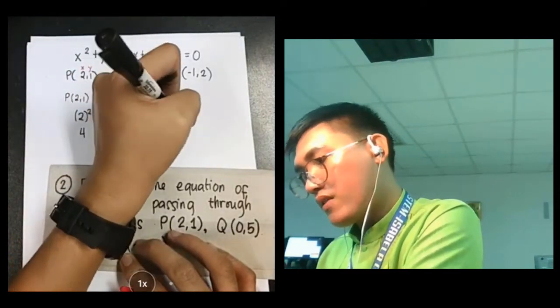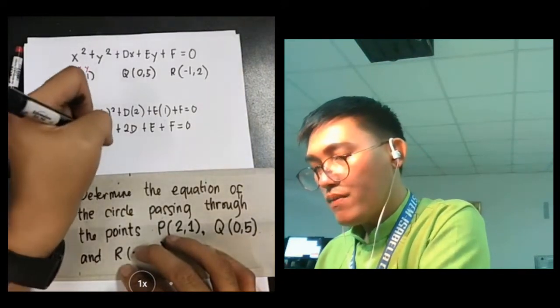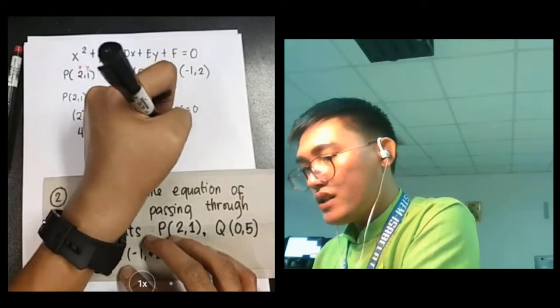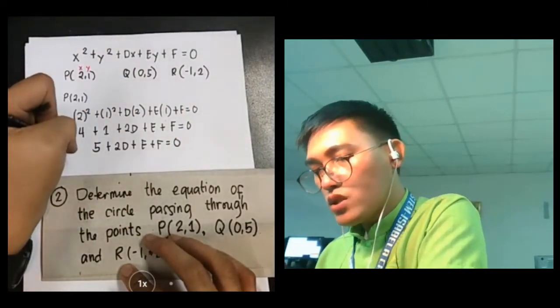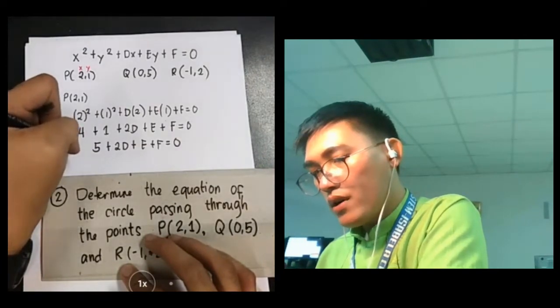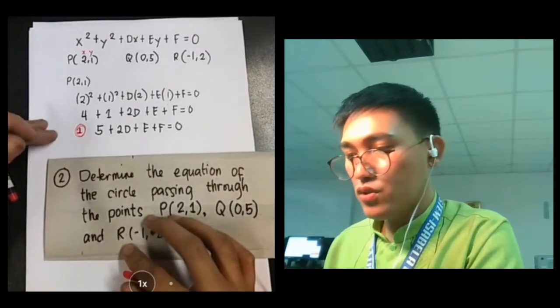Then combine like terms. We have 4 plus 1, 5, plus 2d plus e plus f is equal to 0. Let us name this as our equation number 1.